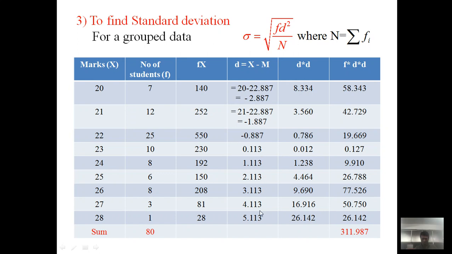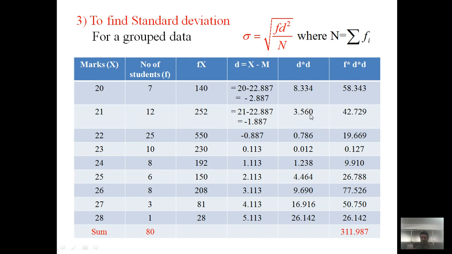Similarly, we obtain all these values, corresponding x minus the value of mean. But we are interested in d square, so we find the square of each of these cells and substitute in the respective cell. So this cell is the square of negative 2.887.